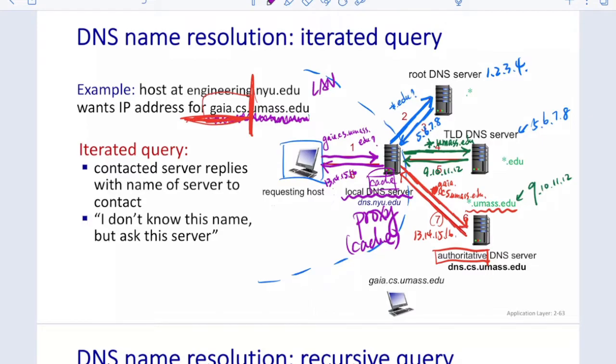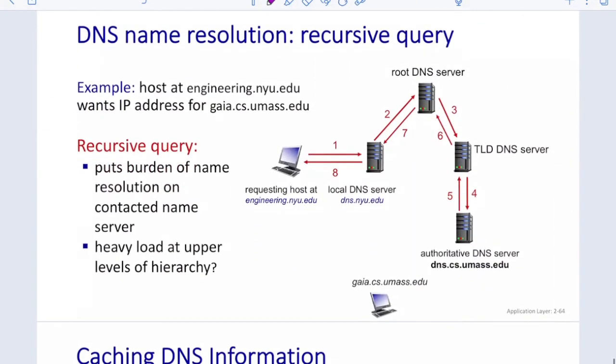Okay, and the architecture right here is one where most of the questions are asked by the local DNS server. So it is an iterative query, and you can see that there's another query resolution called a recursive query.